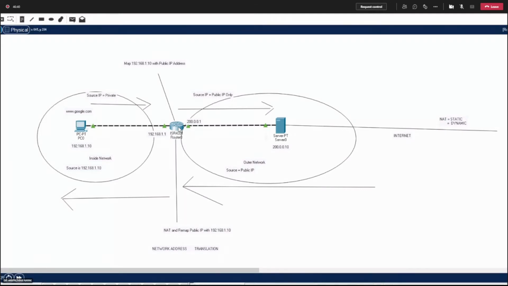So now let me execute the command. I hope the IP address configuration is known to you. Right now I am configuring static network address translation.